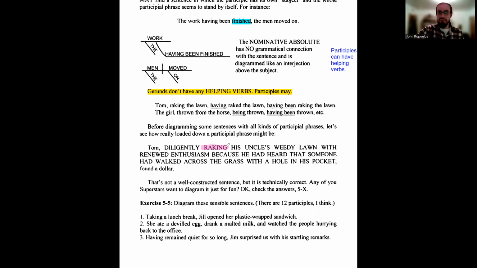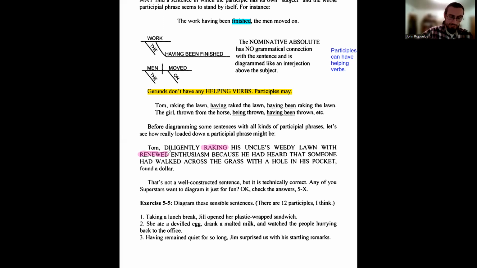Diligently raking his uncle's weedy lawn with renewed enthusiasm. What kind of enthusiasm? Renewed. Renewed here, it's a participle, modifying enthusiasm. Because he had heard that someone had walked across the grass with a hole in his pocket, found $1, right? So those are the participles.